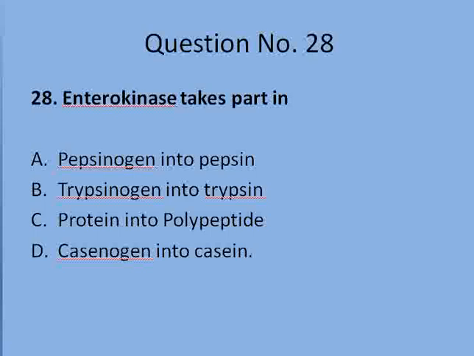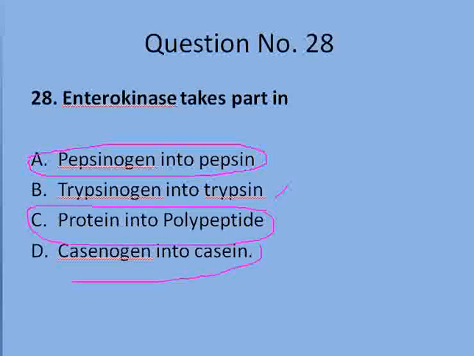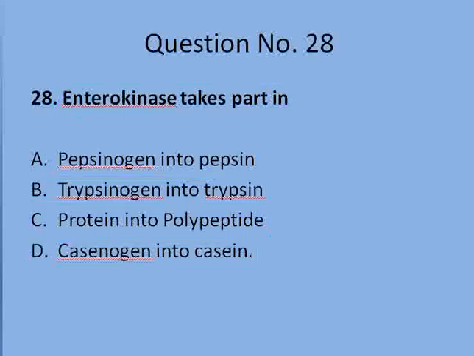So the correct option for this is B. Whereas pepsinogen into pepsin, protein into polypeptide, and caseinogen into casein are the wrong answers when this enterokinase question is concerned. So option B is the correct one.